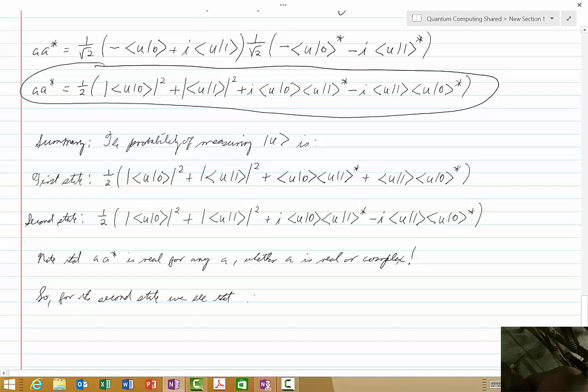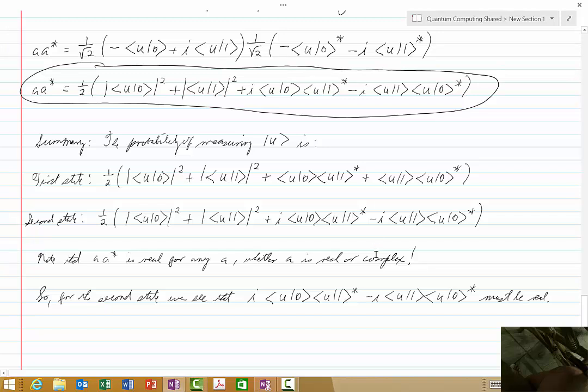So we can see that i times the inner product of u with 0 times the complex conjugate of the inner product of u with 1 minus i times the inner product of u with 1 times the complex conjugate of the inner product of u with 0, that must be real.